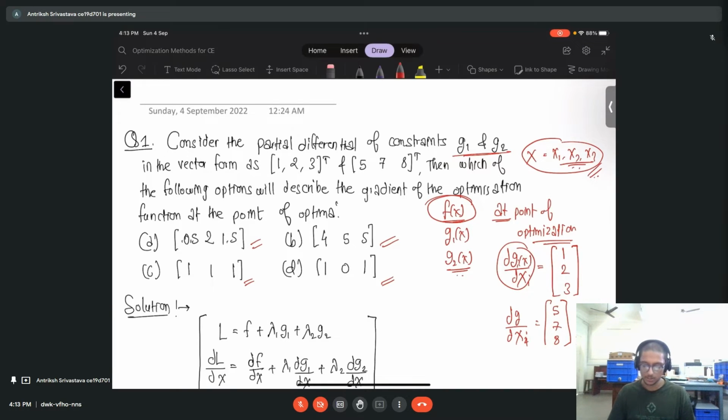It is a function of x: x1, x2, x3. So what do you think will be the gradient of this?